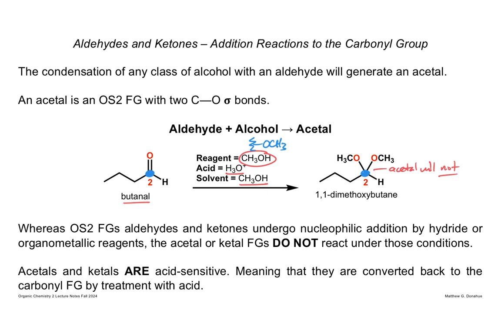So that said, both acetals and ketals are acid sensitive. So if you wanted to reverse this reaction and go the other way, you could unmask the acetal by treating with, again, hydronium ion, but now you would use a huge excess of water.